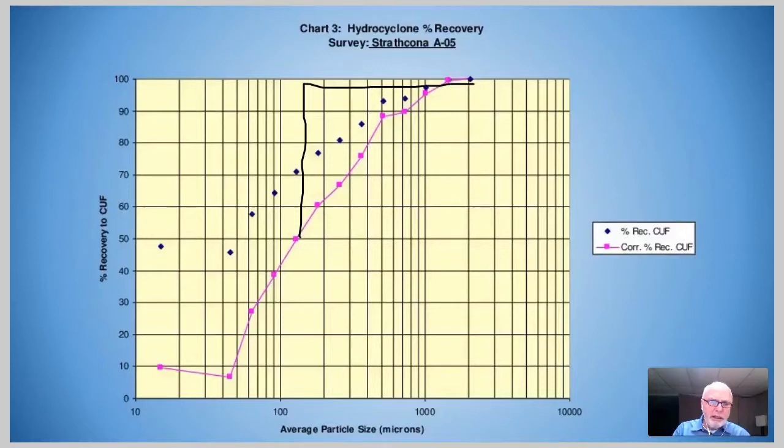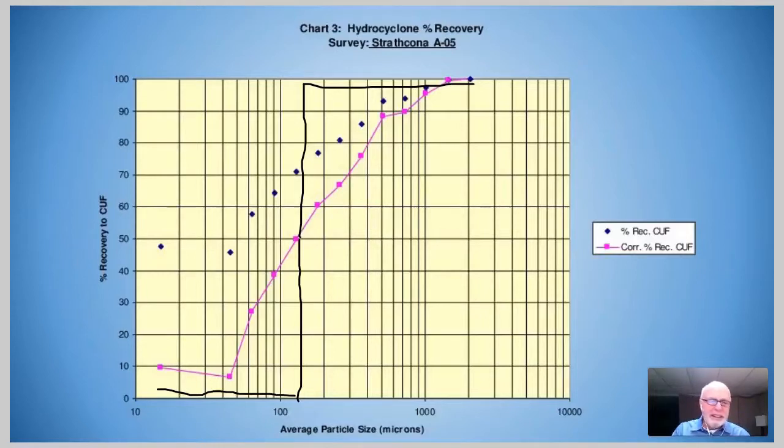Below that, any particle finer than that would be recovered at 0% to underflow. So from the dark blue points, you can see that the actual separation performance of a hydrocyclone is far from perfect.